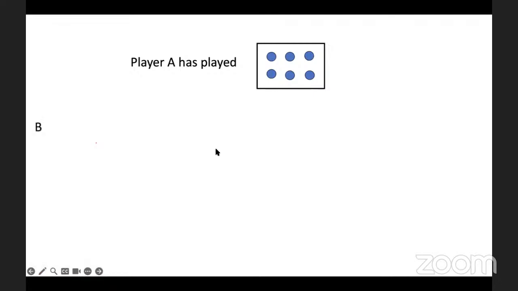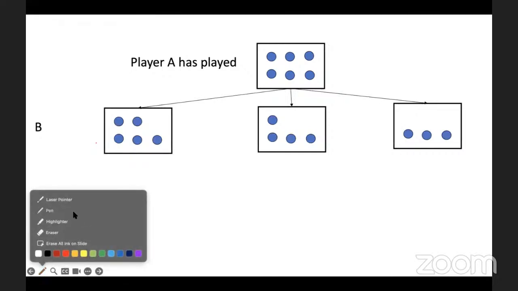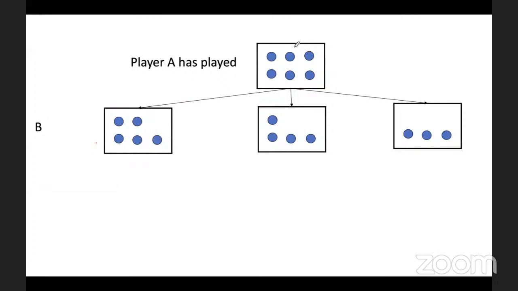Player B comes along and can achieve one of these 3 possibilities. I'm going to use the fact that these are 2 rows of equal length so that the board isn't overwhelming. Let me walk you through what I've done. So in case 1, this counter was removed. This is how you got here.